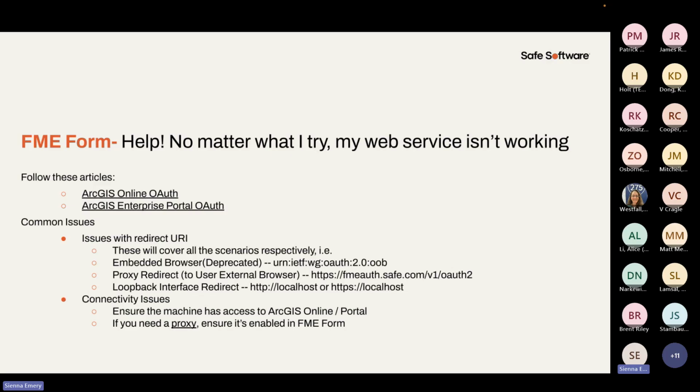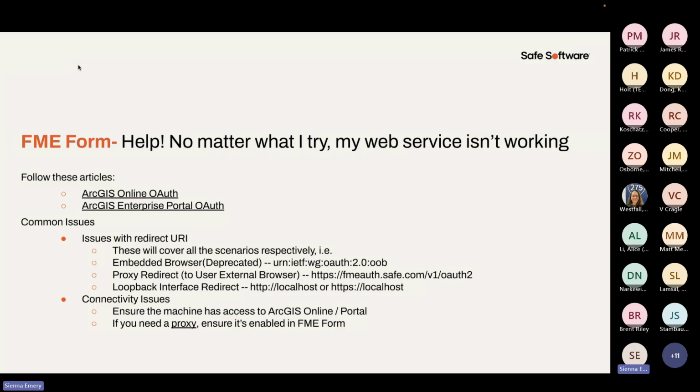A good place to start if you're opening up a support case is taking a photo of both the web service configured in FME and also what it looks like in ArcGIS Online or Enterprise Portal as well, so that the FME support staff member knows, okay, they've gone through the steps, everything looks right, and then they can start digging into other possible issues.